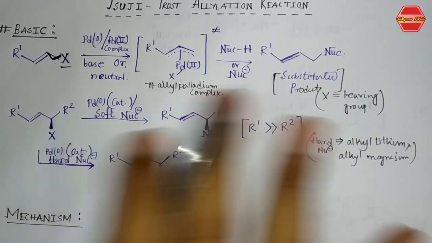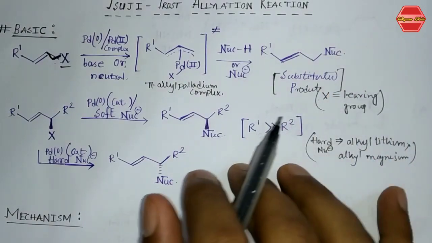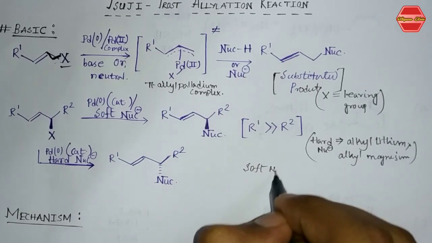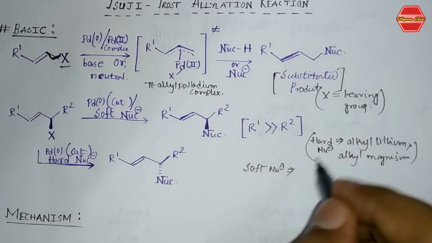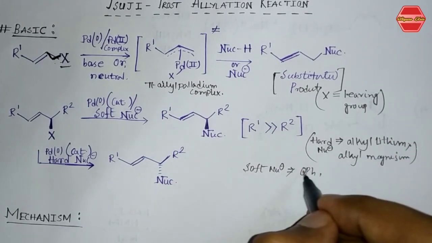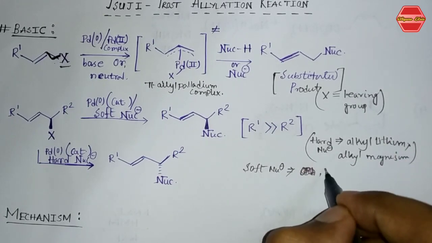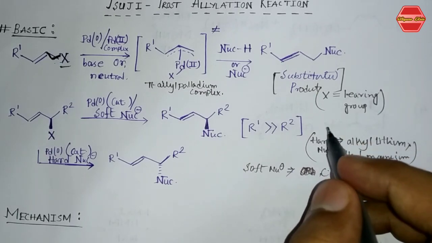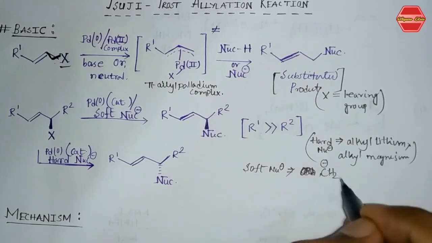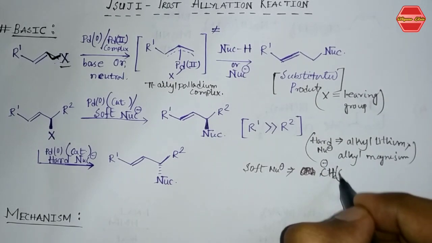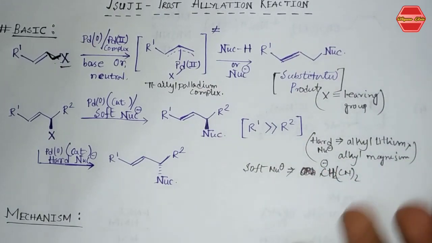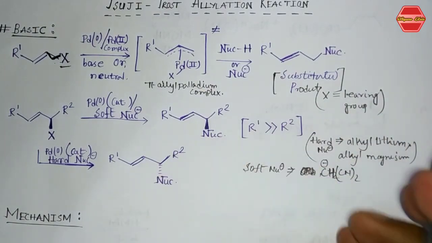If you use a soft nucleophile, soft Nu minus, such as any kind of active methylene group, that is CH minus with CN twice, or CO2R and NO2, these are all types of soft nucleophilic compounds.